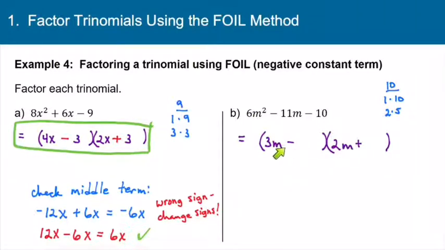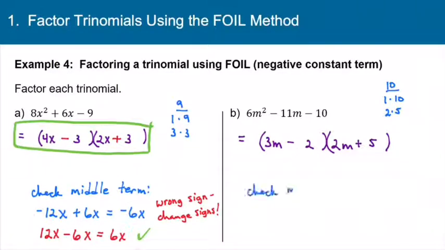Therefore, we know that the answer will not contain a GCF either. So when I think about where to put the 2 and where to put the 5, I know that the 2 can't go here because the terms 2m and 2 would have a GCF. So if I'm going to use 2 and 5, I need to put the 2 here and the 5 here.